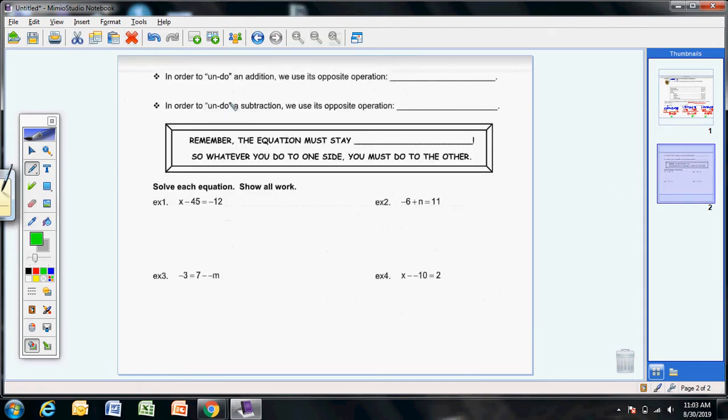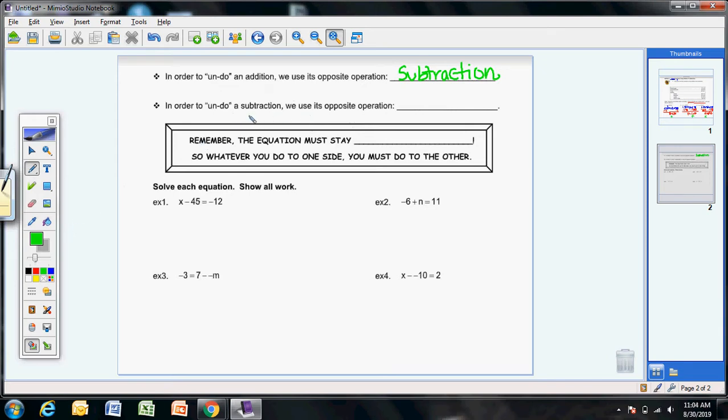So what I just talked about here, the method that I used to figure out what that mystery item was: in order to undo my addition problem, all of those were addition problems, I used the opposite operation, which was subtraction. So that's going to be key here. Even though you think you might be able to do some of these in your head, knowing that you're doing the opposite operation to get to that variable or mystery item all by itself is huge.